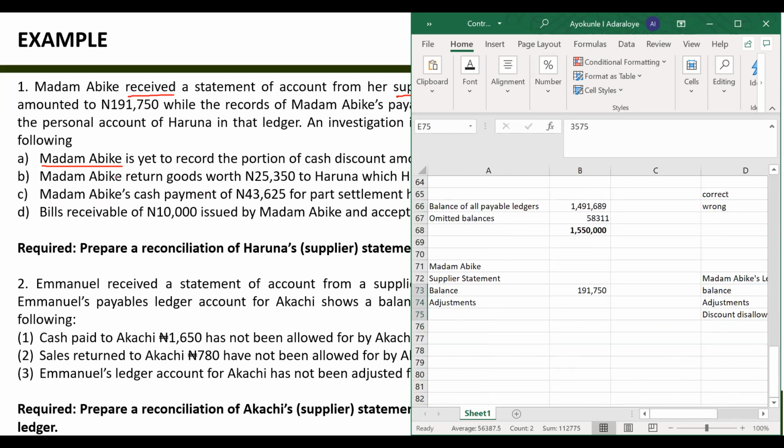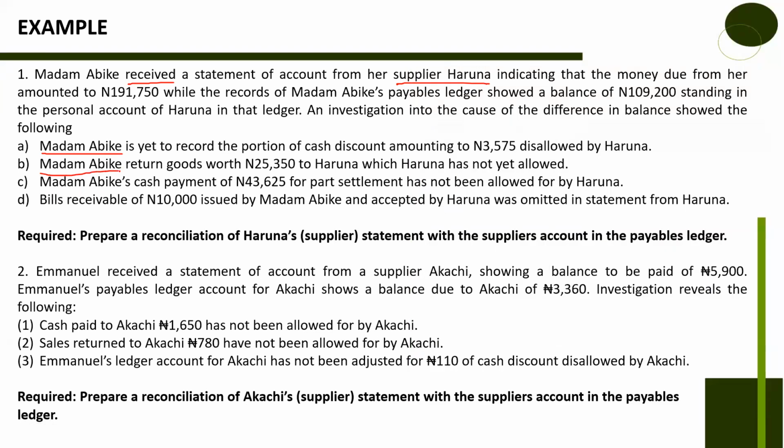Now let's look at the second one. Madam Abike returned goods worth 25,350 to Aruna, which Aruna has not yet allowed.